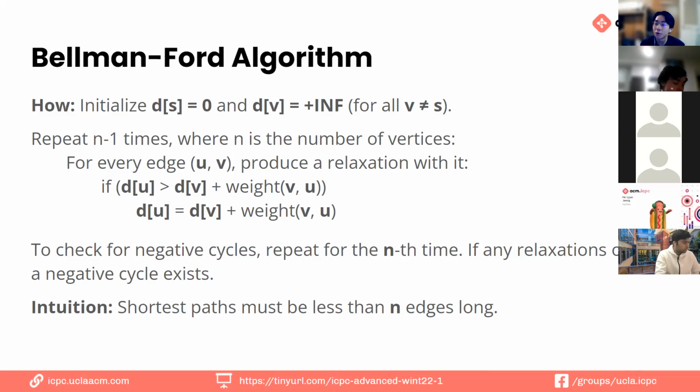So if there are any more than that contained in the path, there has to be some repetition, which also implies there's some cycle. And if there are no negative cycles, then it has to be a positive cycle, and we can get rid of that cycle and make that path shorter. I hope that intuition makes sense.